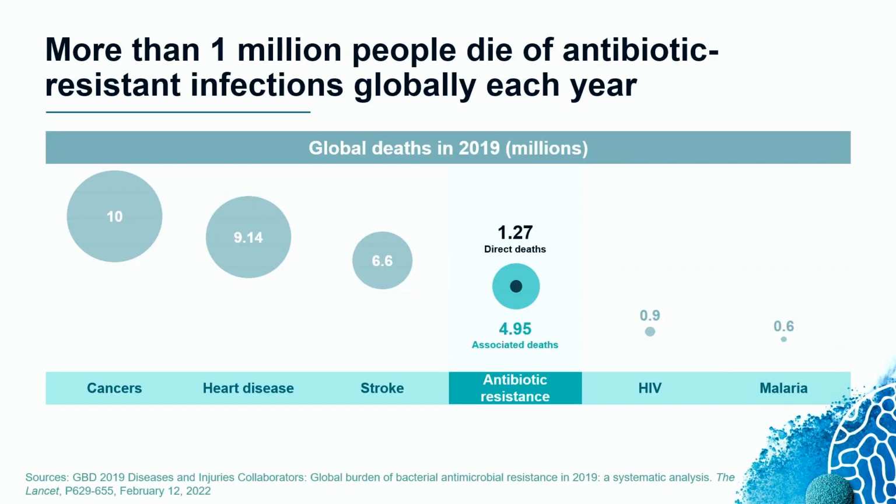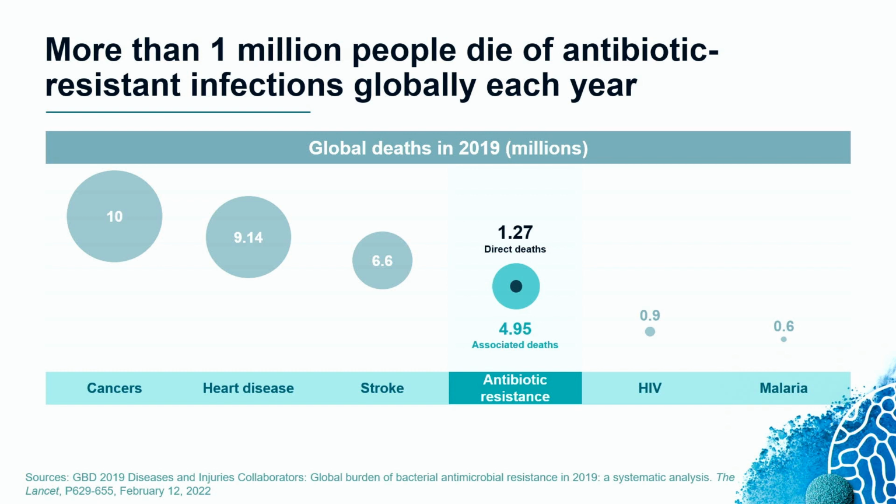But as Dame Sally has just shown earlier, over 1 million people die of drug-resistant, antibiotic-resistant infections each year across the world. And it's not just the numbers that were shown in this recent report. They're considered to already be an underestimate, and there will be a follow-up report coming soon.